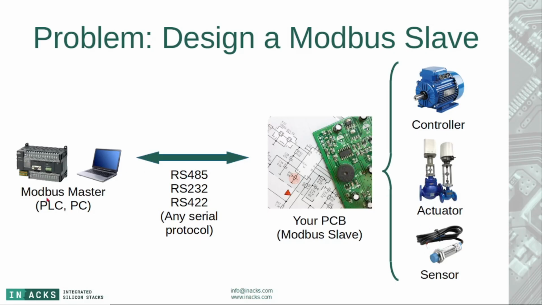So from your Modbus master device, a PLC or a PC, you will perform the appropriate function codes, the appropriate Modbus request in order to set the speed of the motor and also to read its values like the current, the power, the temperature, whatever. So here you can read and write.